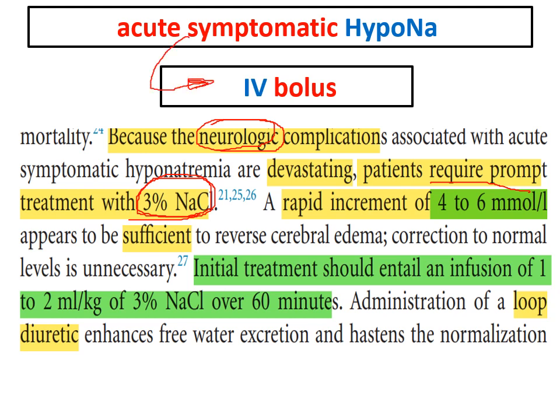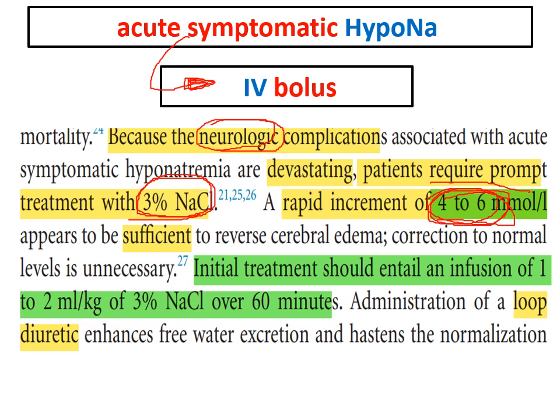We give IV bolus of hypertonic saline or 3% sodium chloride, aiming to increase the sodium by 4 to 6 millimole per liter, usually in a period of 4 to 6 hours, to reverse the cerebral edema.